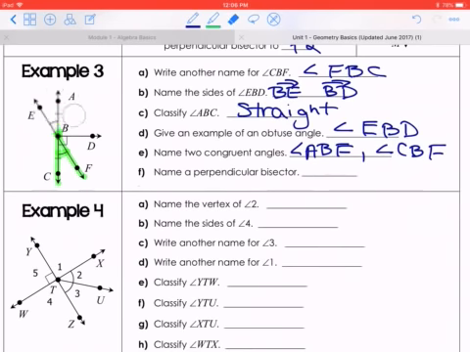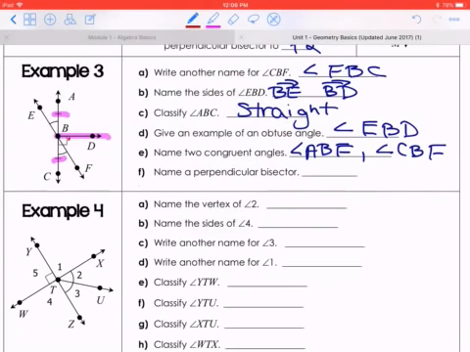All right, and then the last question on this example says name a perpendicular bisector. So we need to know something that's cutting through at a right angle, and it's cutting through at the midpoint. So if you look, we have tick marks here and here. So that means those two have to be congruent. And then right here, you have this ray, and there is a right angle.